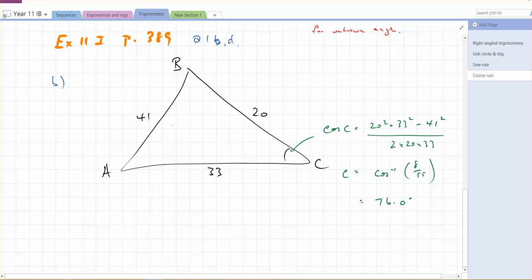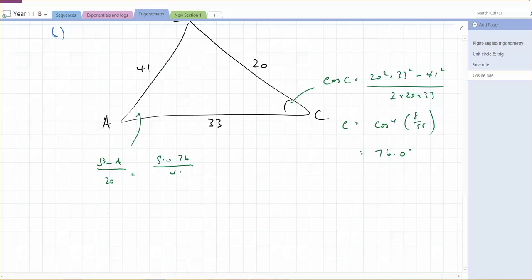We could use the sine rule now that we've got C at 76. We could say sine A over 20 is equal to sine C, which is 76, over 41. The sine rule is much easier to do. So A will be sine inverse of 20 sine 76 over 41.